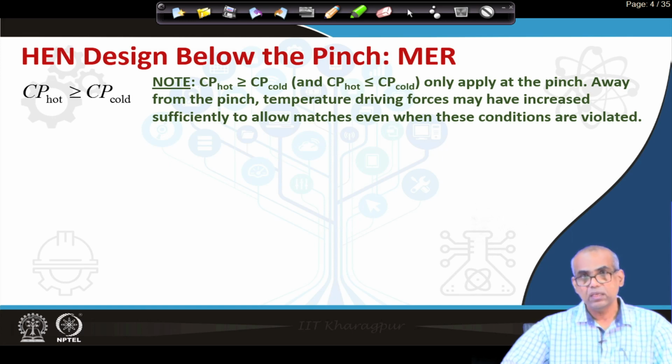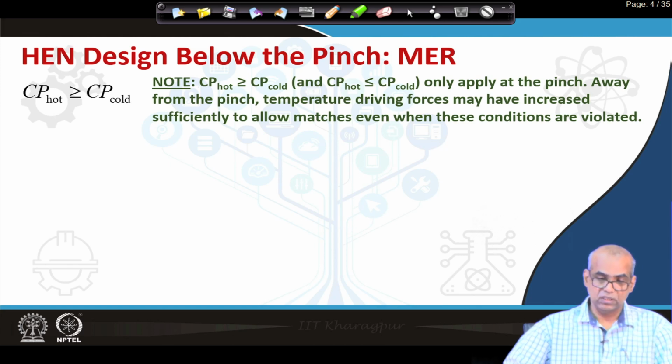So, when we are matching streams adjacent to the pinch, these criteria must be fulfilled. Away from the pinch, the temperature driving forces may have increased sufficiently to allow matches even when these conditions are violated.